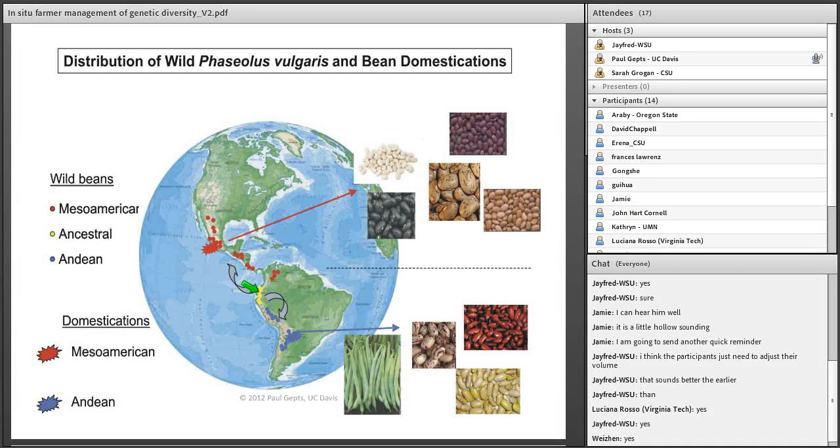So that is something that we need to check, whether there is actually effective selection by local farmers, okay, to their particular conditions. So what does the data then tell us about the effectiveness of selection?